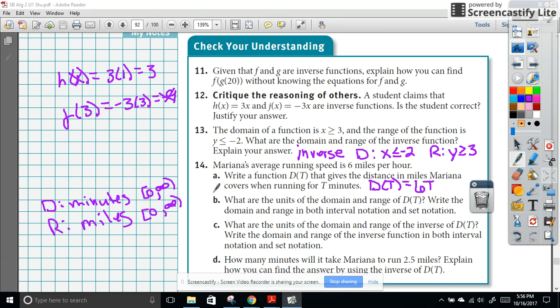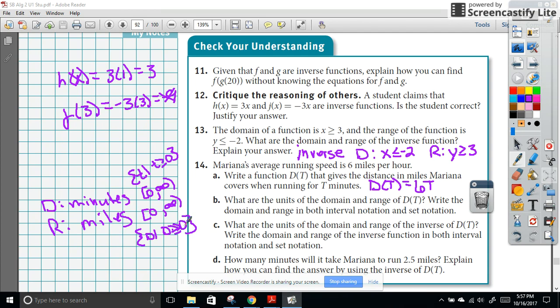In both interval and set notation. Oh, for goodness sakes. And set notation, for domain, it's going to be t such that t is greater than or equal to 0. And for range, it's going to be d such that d is greater than or equal to 0.